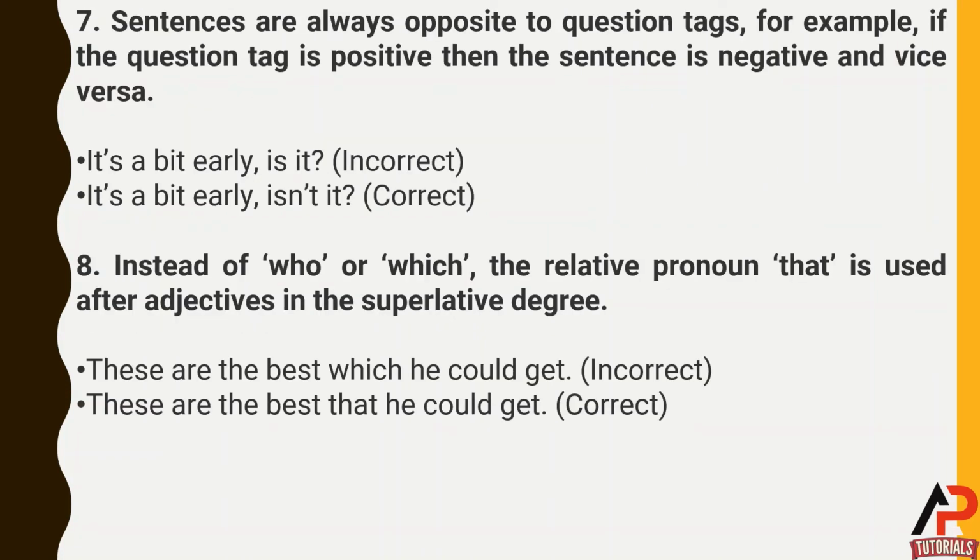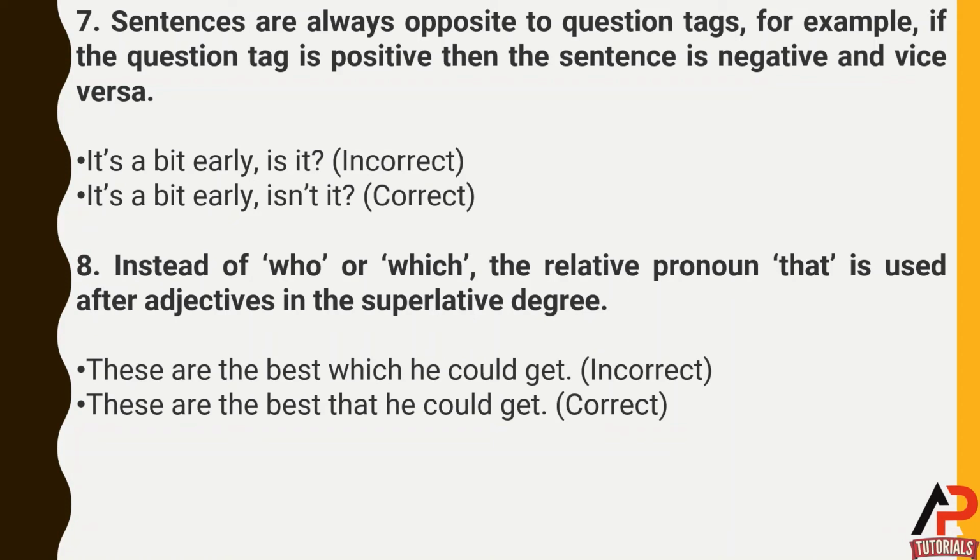Now coming to the seventh rule, sentences are always opposite to question tags. For example, if the question tag is positive, then the sentence is negative, and vice versa. Like, "It's a bit early, is it?"